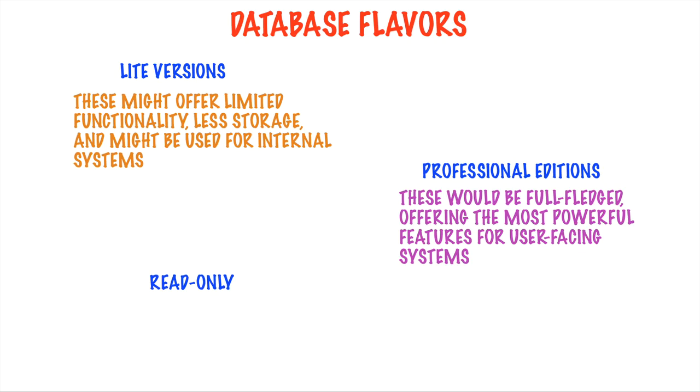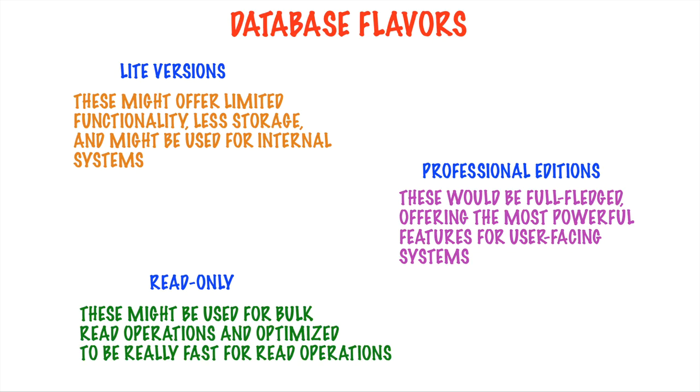These are fully fledged offerings and will have the most powerful features. You'd use that for your front-end system which your users see. And you might have read-only versions which will be used for bulk read operations and are optimized to be really fast for read. They don't really perform editing or updating functions really well.